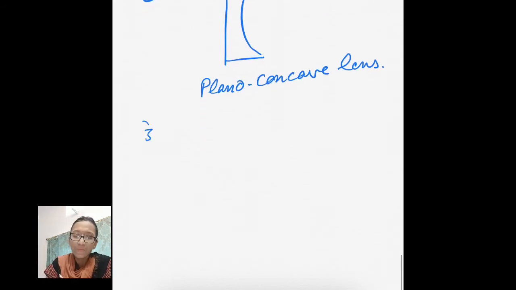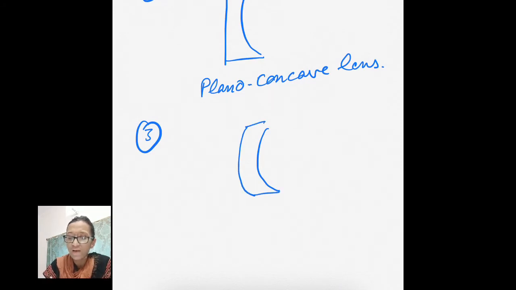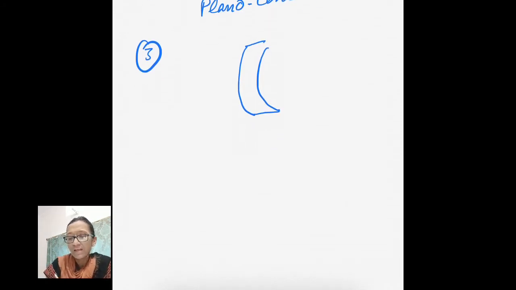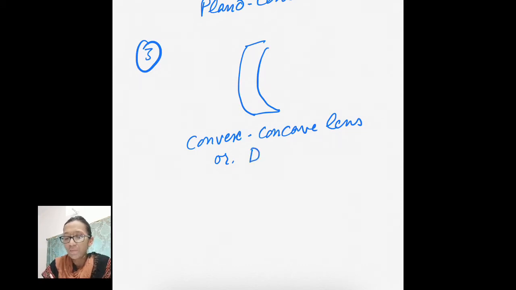And third example is, again you will see the second surface is concave one and here first surface is convex one. So you can name it convex concave lens or diverging meniscus.